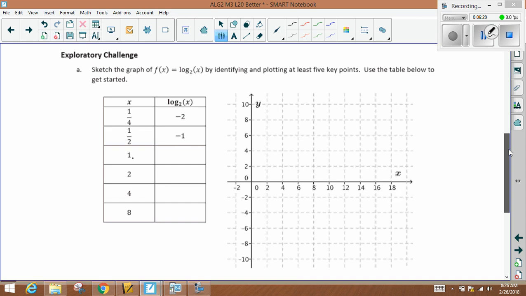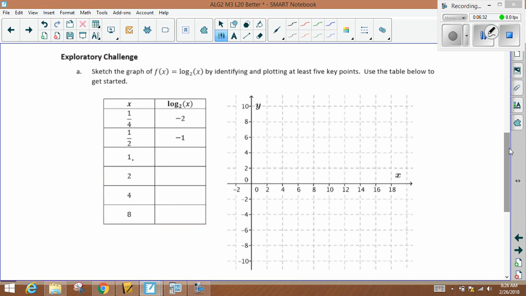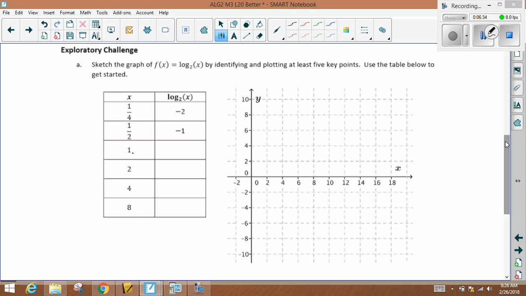Let's move right along to logarithms. Okay, so we've got the function f of x equals log base 2 of x. We're going to plug some numbers in there and get a handy dandy fancy table. All right, when x equals 1, right? 2 to what power is 1?